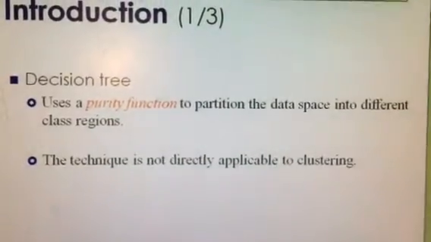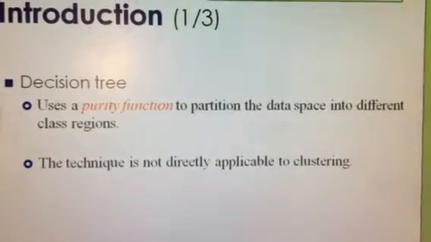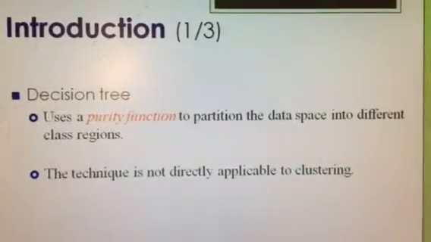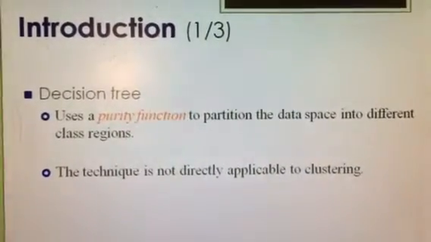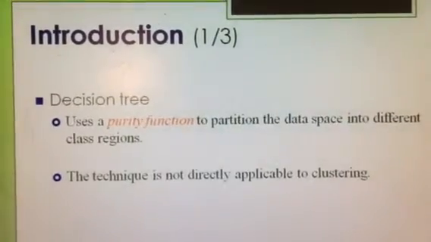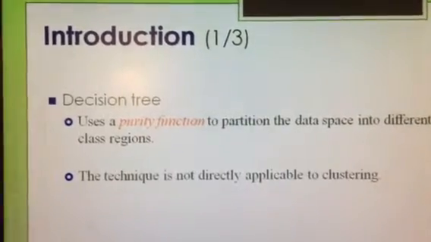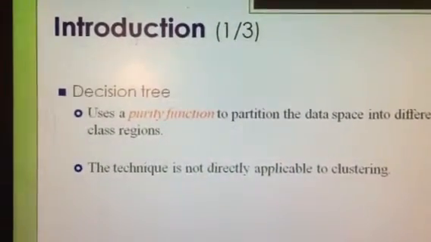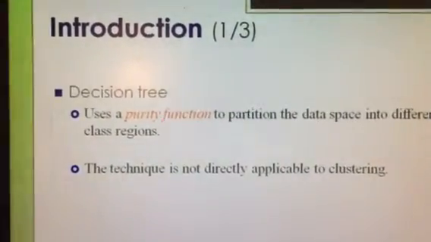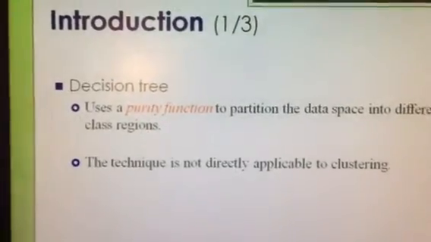So this decision tree uses a priority function to partition the data space into different class regions, and these class regions could be, for example, students in a school, the professors, whether they can use their qualifications and things like that. So all these data will be based on class region, and the technique is not directly applicable to clustering.